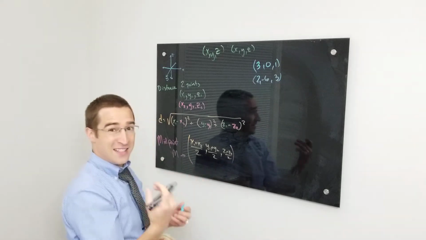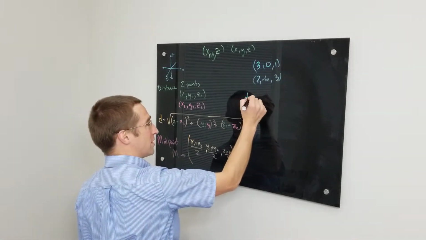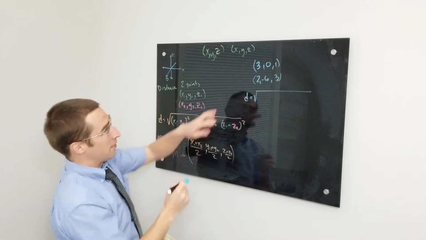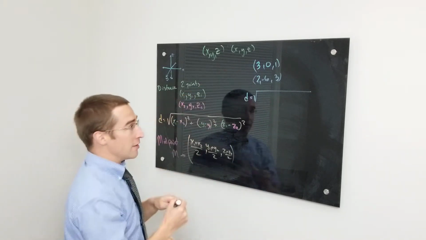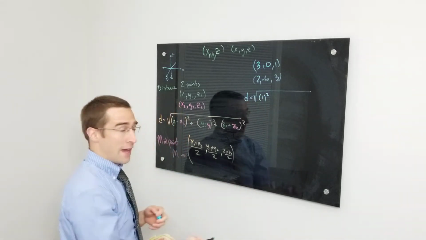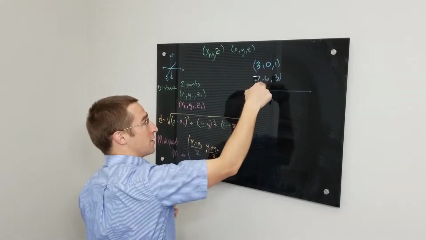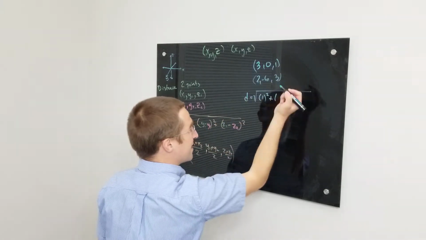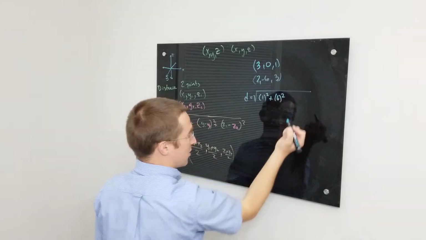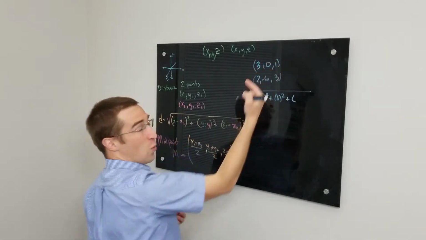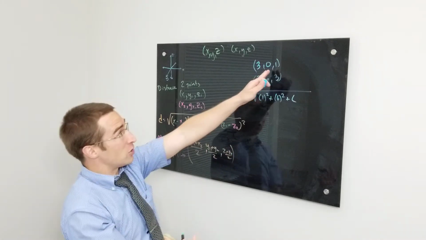So if I want to find the distance, I'm going to say distance equals the square root. I'm going to find the difference between the x's, 3 and 2, which is 1, and then square that. Plus the difference between the y's, 0 minus negative 6, is 6. I'm going to square the 6. And then plus the difference between 1 and 3, that's negative 2 if I start here.